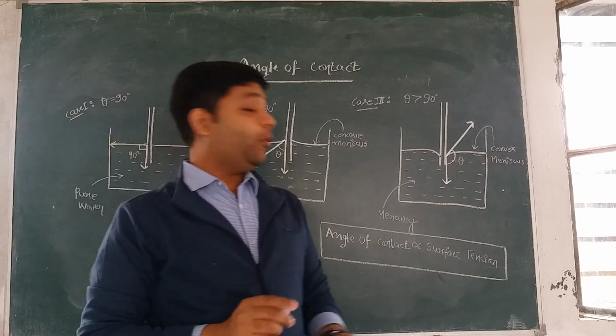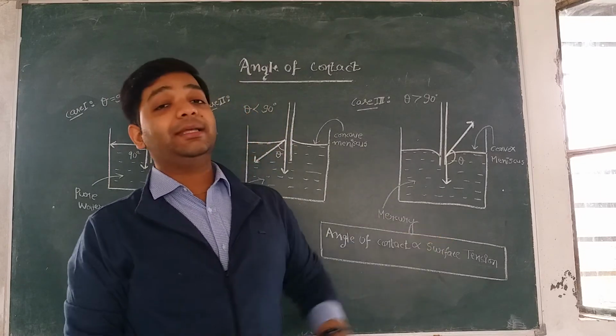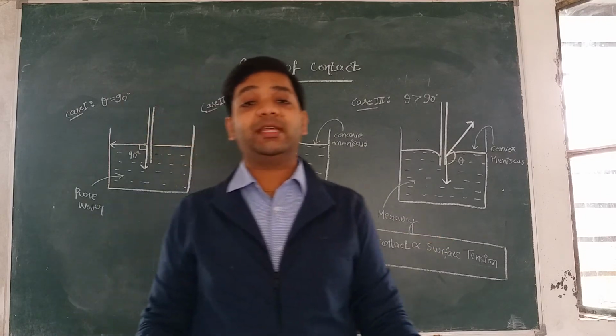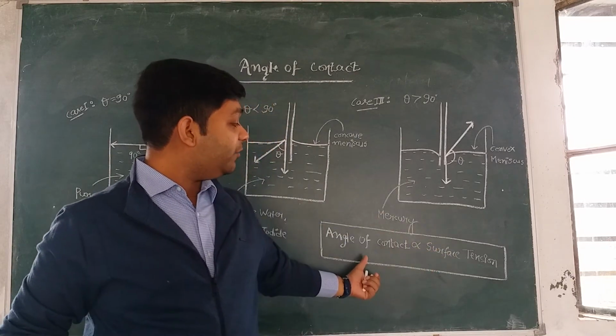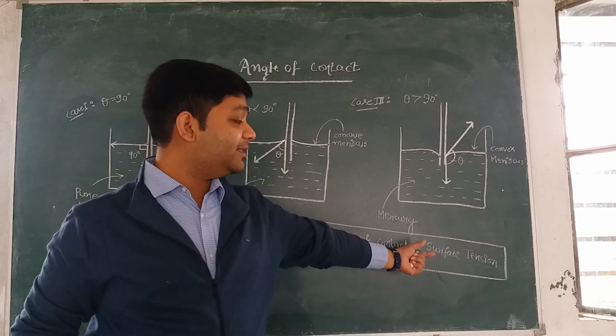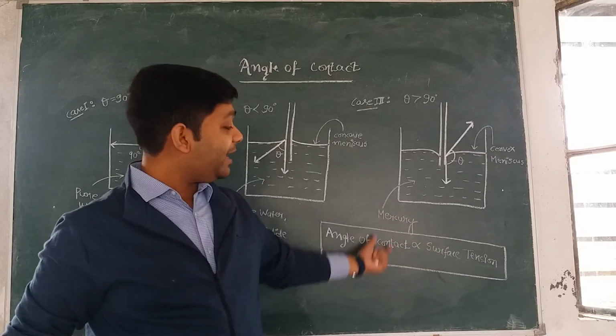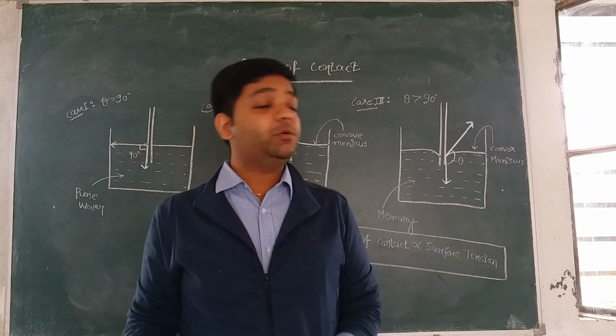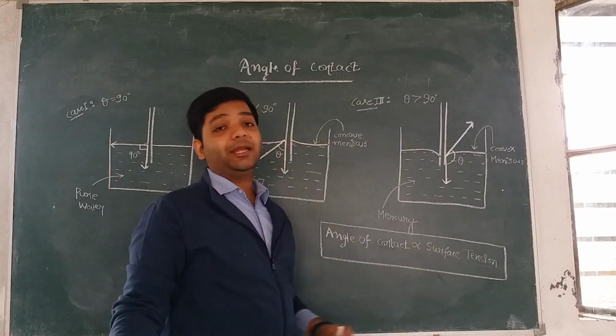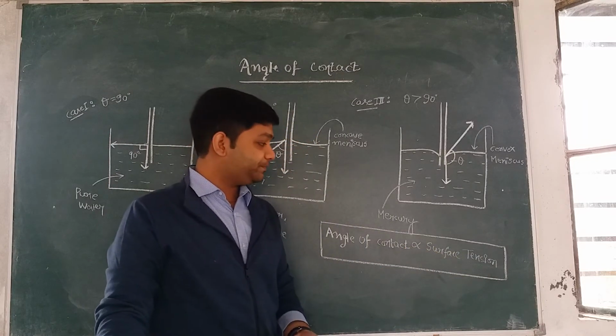So it is very important to note that angle of contact is directly proportional to surface tension. As the value of surface tension increases, the angle of contact increases, and as the value of surface tension decreases, the angle of contact also decreases. So please write down this point also: angle of contact is directly proportional to surface tension.